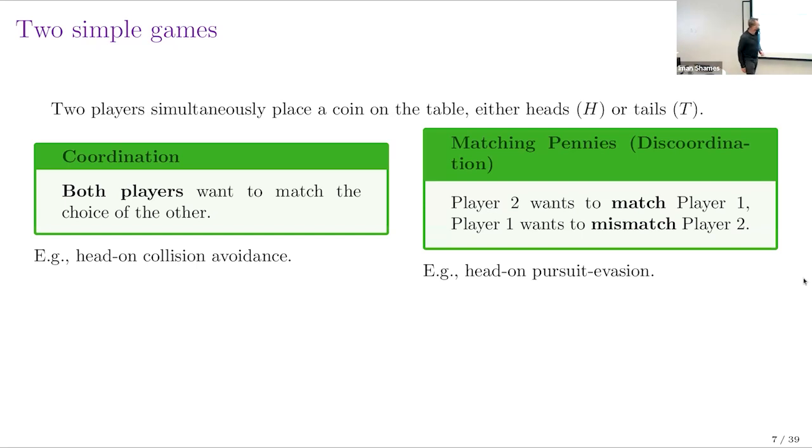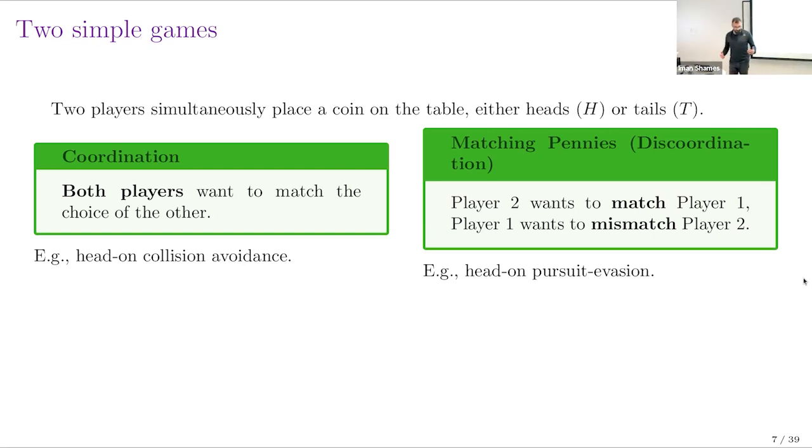There's another game. It's called matching pennies. It's a game of discoordination. In a matching pennies game, one of the players wants to match the other player's choice, but the other player wants to mismatch. An example of the dynamical setup of it is the head-on pursuit evasion.